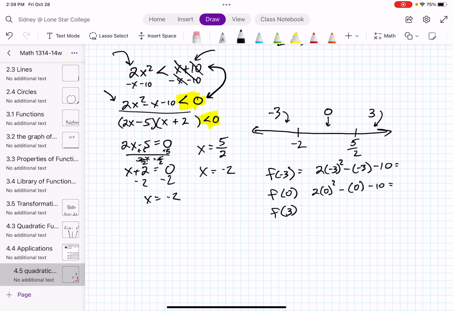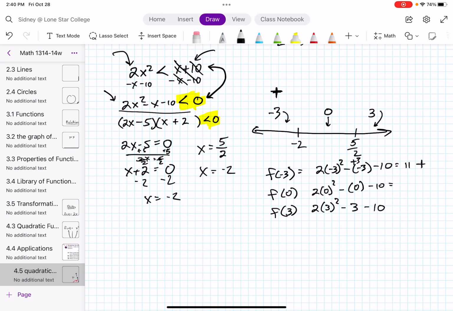Negative 3 squared is 9, 2 times 9 is 18. That becomes plus 3 with a double sign. So 18 plus 3 is 21, minus 10 is 11. That is positive. So this region over here is positive.